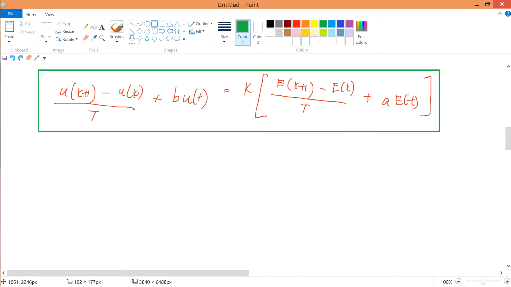I may be wrong, but what I feel is that if this is u dot t, then u dot t is simply drawing the curve between each of the points, k2 and k1, and then the next round you plot k3 and k2, and you eventually plot a slope out of it.